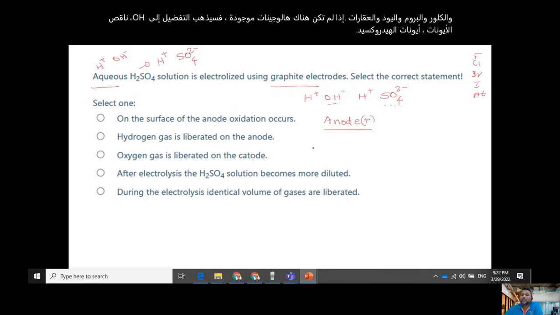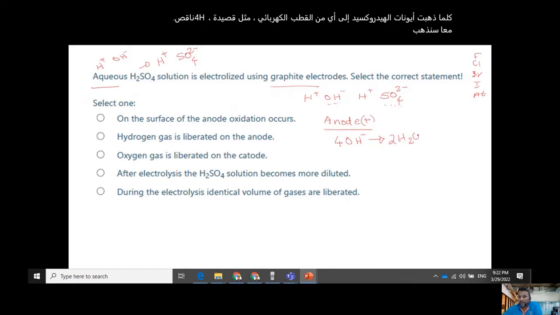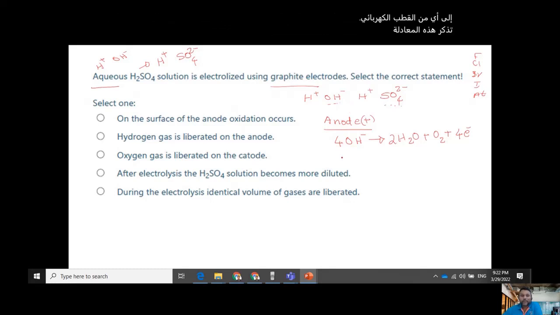Whenever hydroxide ions go to any electrode like the anode, 4 OH- together will go. They will form 2H2O plus O2 plus 4 electrons. This always happens when OH- goes to any electrode. Remember this equation, you have to know it. Then the cathode reaction would be: the cathode is negative, so positive ions will go to the cathode.